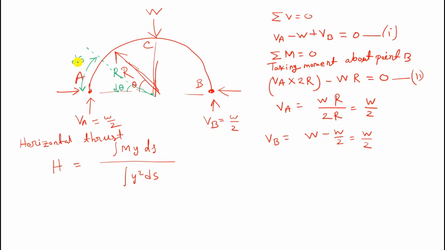The relation between ds, r and d theta is ds equals r d theta.